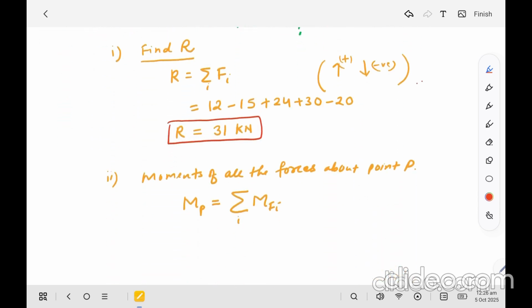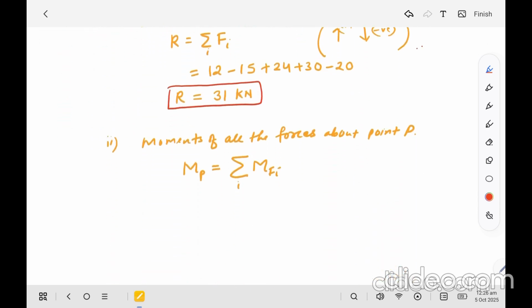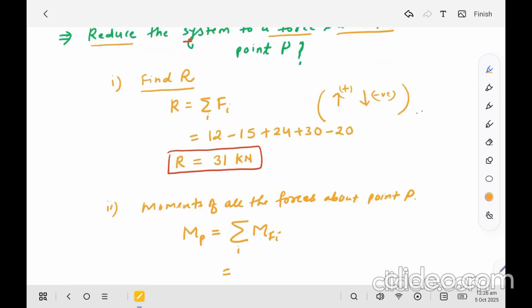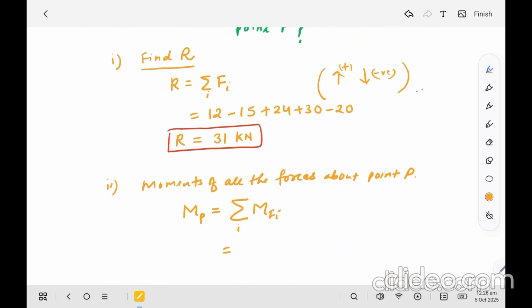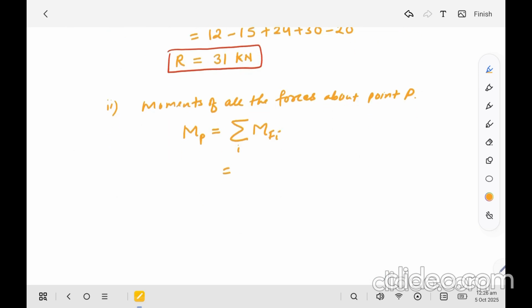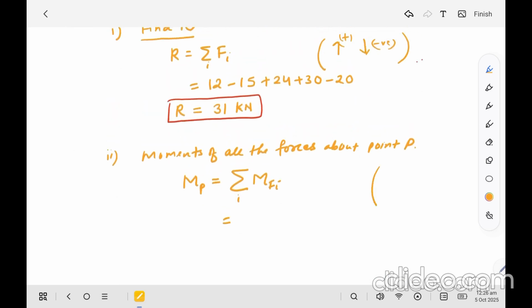Okay, so now we can use the sign convention during the algebraic sum of moments of all these forces. So moment of this force 12 kilonewtons about point P, so now we can define here.